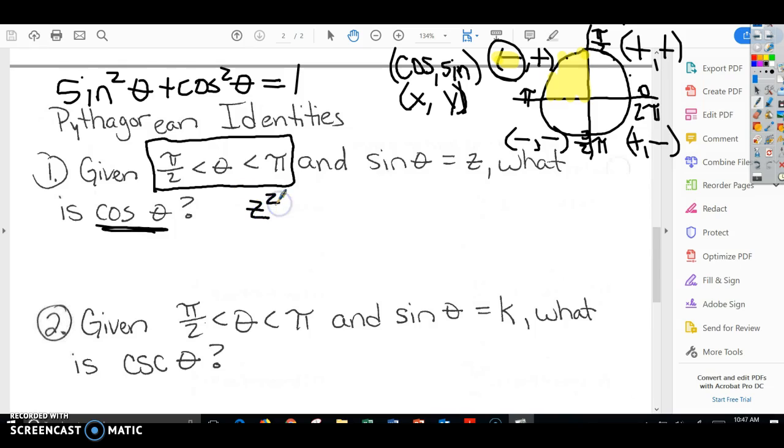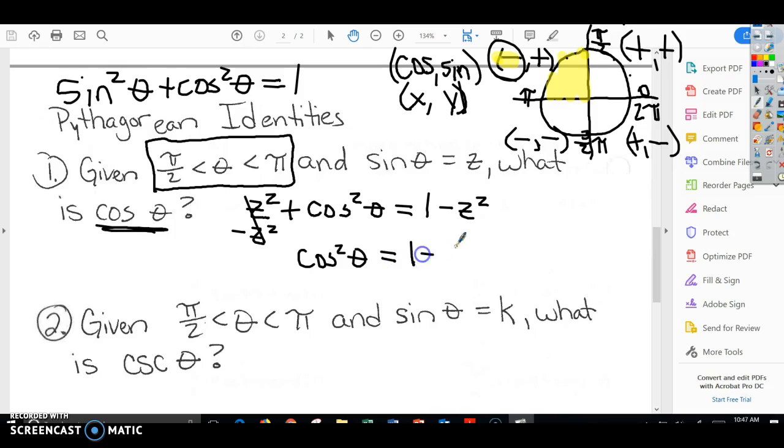So I have z squared plus the cosine squared is equal to 1. I'm trying to solve for cosine, so I'm going to subtract z squared from both sides. So I'm going to have cosine squared of theta is equal to 1 minus z squared.